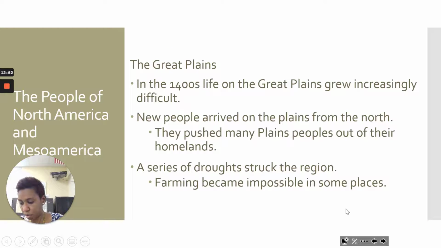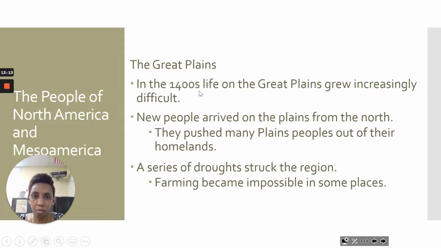Question number 9, what caused the life on the Great Plains to become more difficult? Again, here we have different climate changes, and also external forces. In the 1400s, this is when exploration happened.